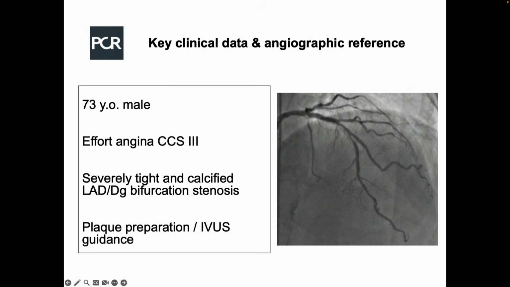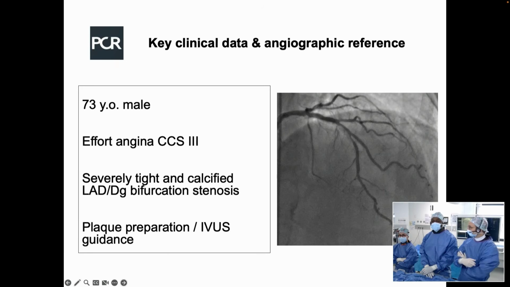So the key clinical data today is that we are dealing with a 73-year-old patient, CCS III angina, coming from a very tight and calcified LAD lesion involving two bifurcations. And we will try to do the best for this patient, and the best actually is to make the best plaque preparation on this heavily calcified lesion and try to use intravascular imaging to have guidance and to optimize our PCI today.